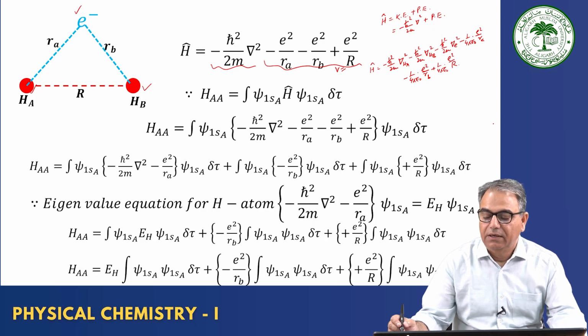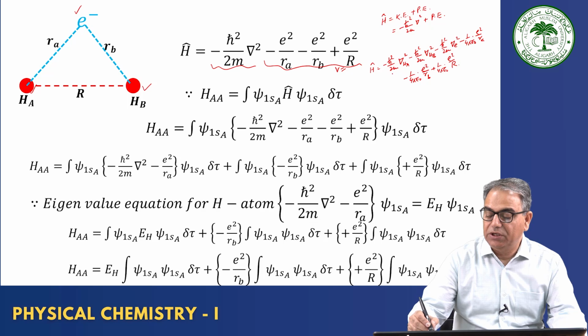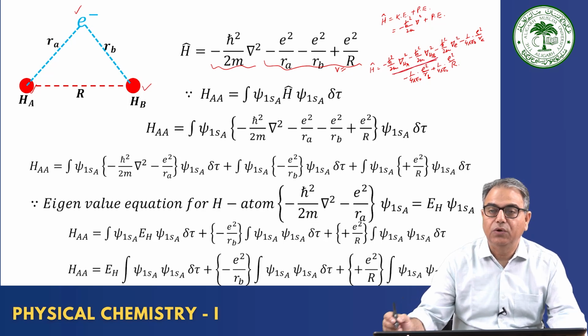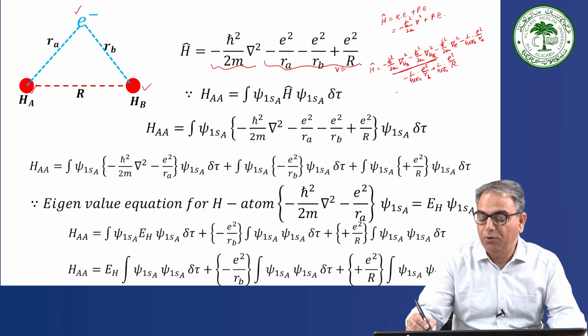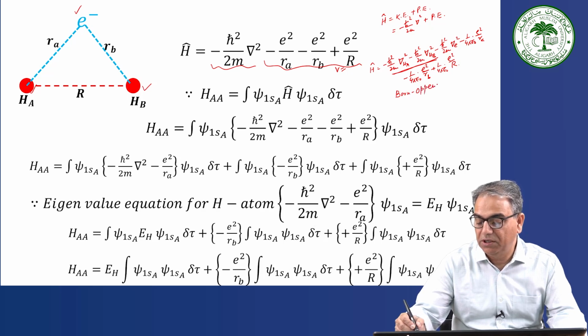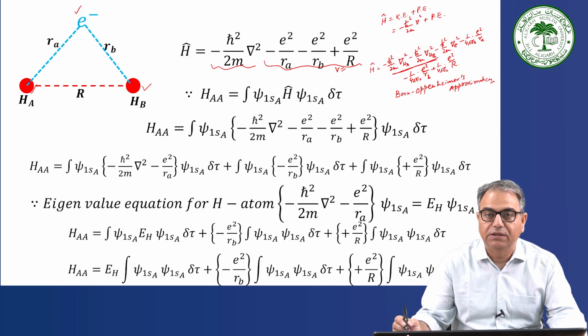Okay. Now, these two terms, which are the terms for the nucleus, are omitted because of the Born-Oppenheimer approximation. I said this earlier also. It's a very important approximation. And we suppose the electron to be moving in the field of a frozen nucleus.